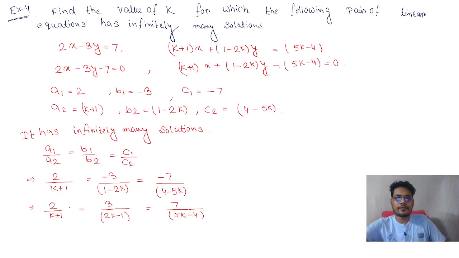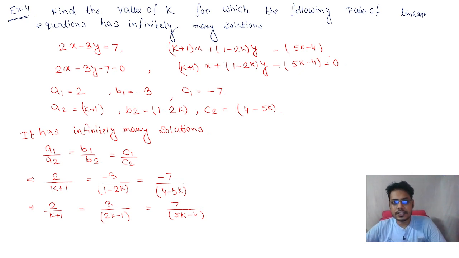Now just revise this one. What is given? Find the value of k for which the following pair of linear equations has infinitely many solutions. First equation: 2x minus 3y is 7. Second equation: (k plus 1) into x plus (1 minus 2k) into y is equal to 5k minus 4. First you have to write in this form: a1x plus b1y plus c1 is equal to 0. If you write, you get a1 is equal to 2, b1 is minus 3 and c1 is minus 7.